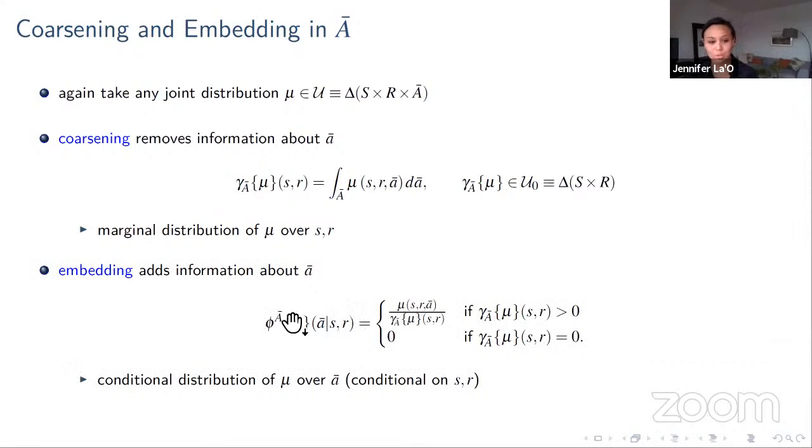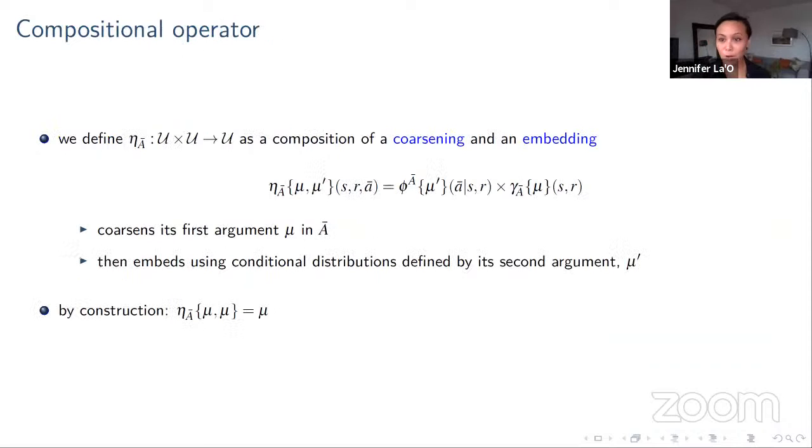I could do it using the same joint distribution, but basically that's a conditional distribution of A bar conditional on S and R. And then I'm again going to define the same compositional operator, which is a composition of a coarsening and an embedding. It will coarsen its first argument in A bar, so throw away information about A bar from this, but then embed using the conditional distributions defined by the second argument, mu prime.